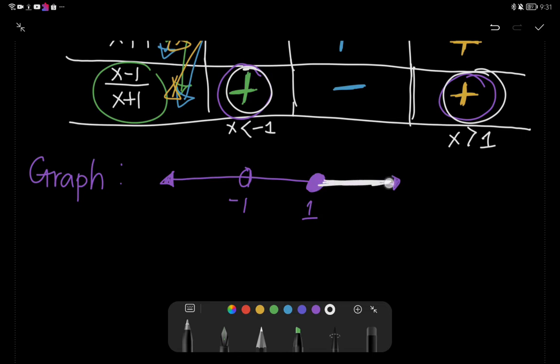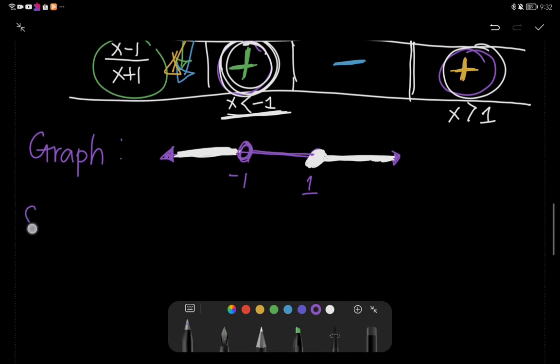So kani siya atong shadean together with the 1, shaded si 1. Si -1 dili shaded kay dili siya apil sa solution kay maka-undefined siya sa inequality. Tapos si kanisad nga interval, positive man iyang answer dira, shaded pud siya. So ang dili ra shaded is kaning circle, kaning halo nga circle.